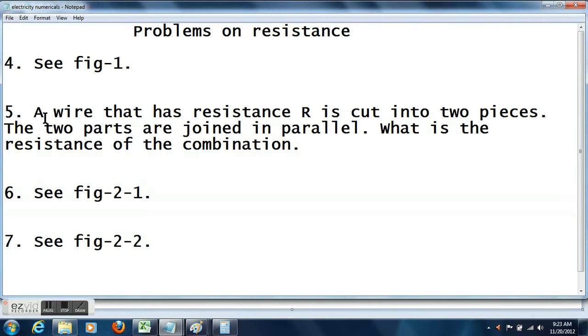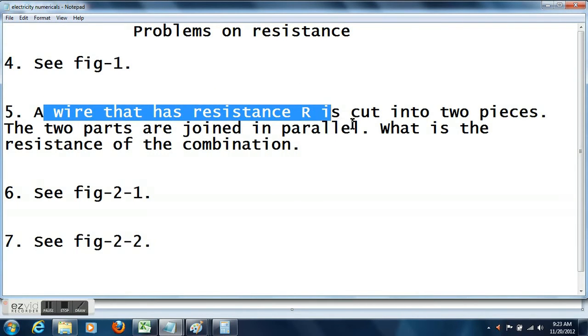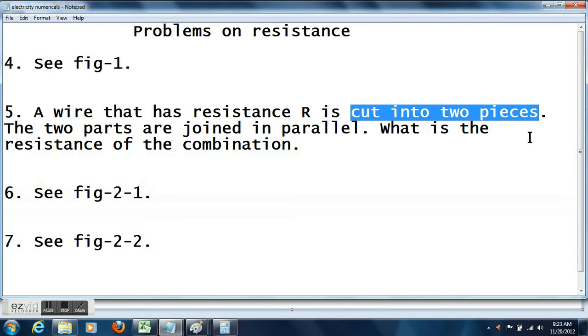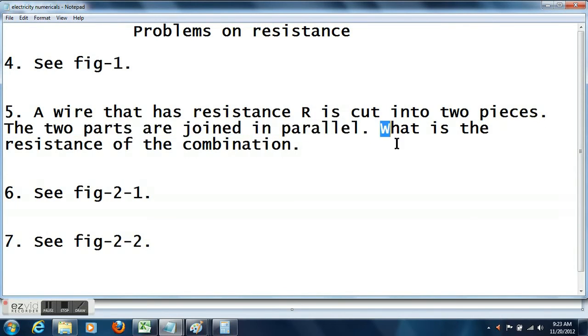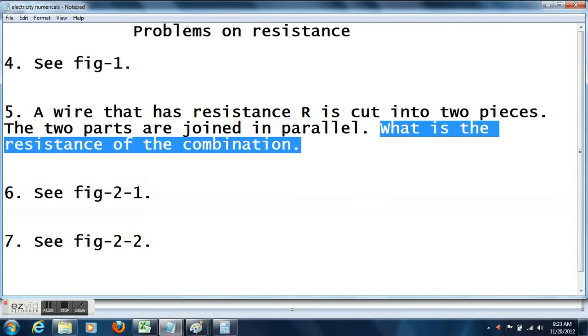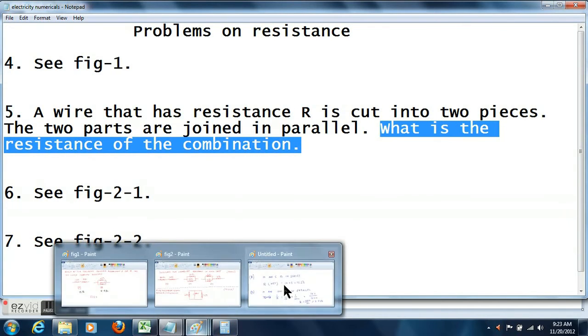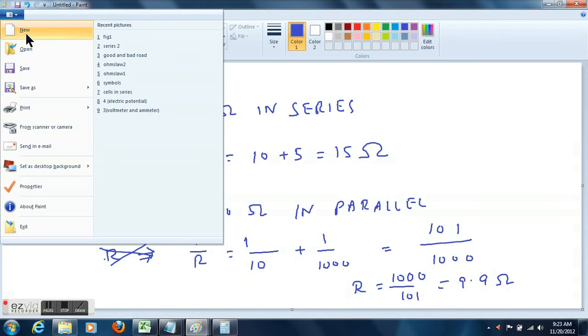Next problem: a wire that has resistance R is cut into two pieces. The two parts are joined in parallel. What is the resistance of the combination? Let me draw a new board.